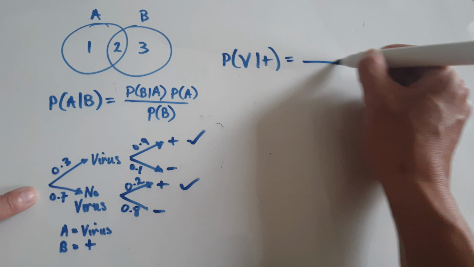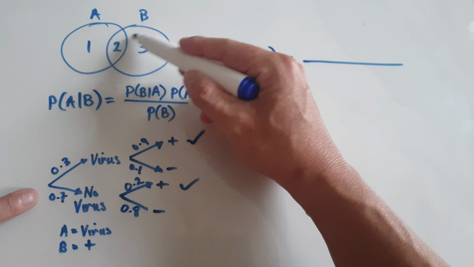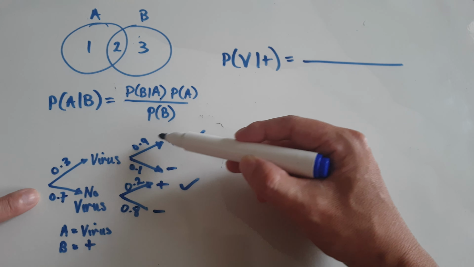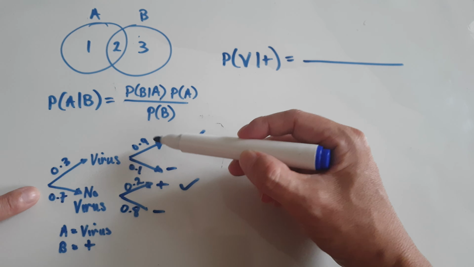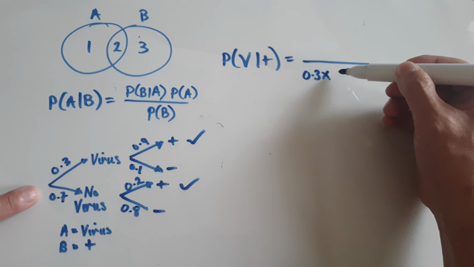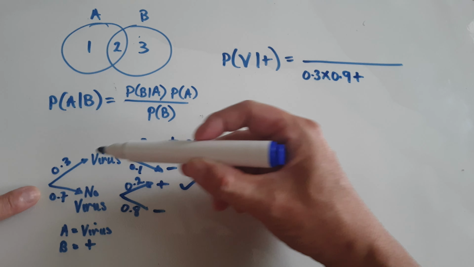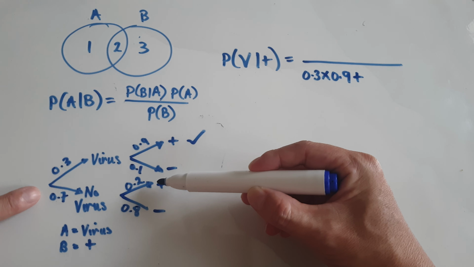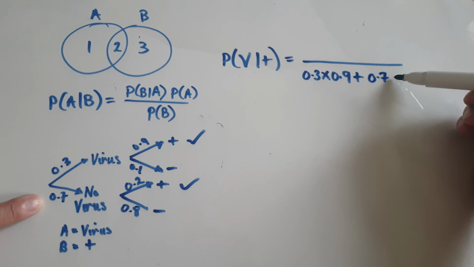So hang on. The whole thing, just like up here, would be this branch or this branch. So it would be this times this, so that would be 0.3 times 0.9, and then plus it could be this branch here, which would be 0.7 times 0.8.